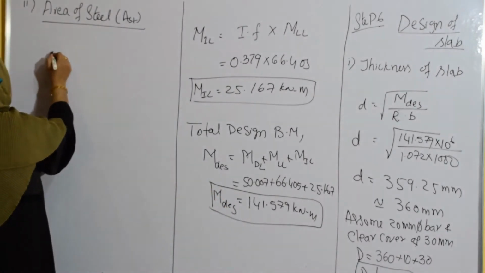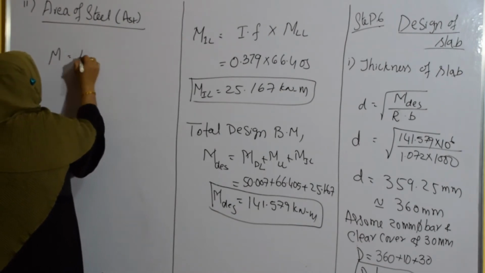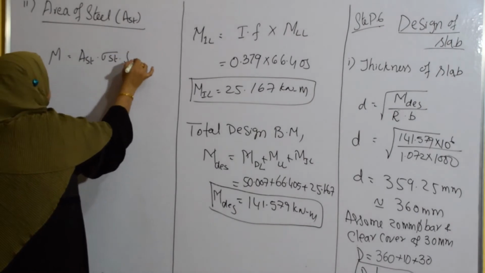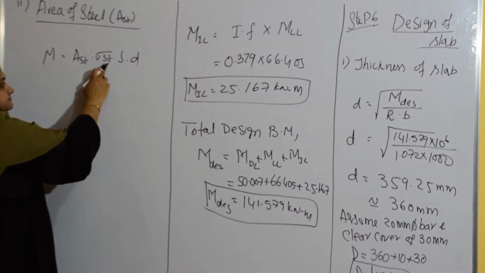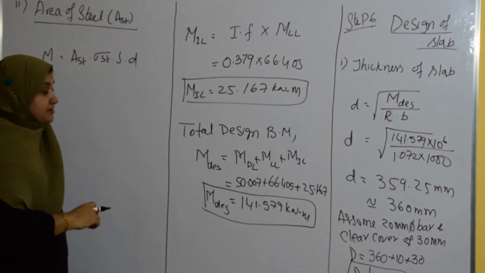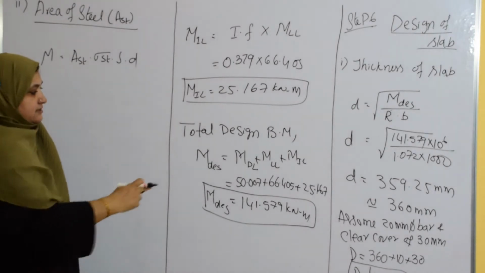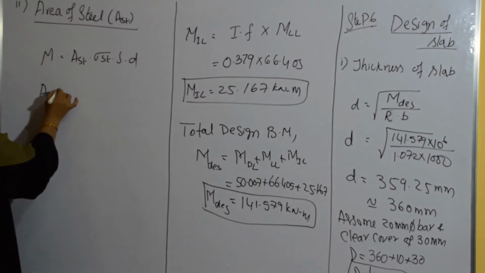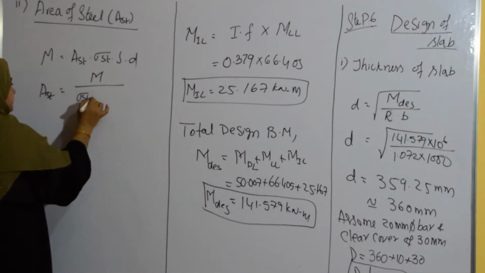So for area of steel, if you remember the formula, M is equal to AST into sigma ST into J into D, where AST is the area of steel, sigma ST is the permissible stress in steel, J is the lever arm factor, and D is the effective depth, right? So I want the area of steel, so this is equal to M by sigma ST J D.